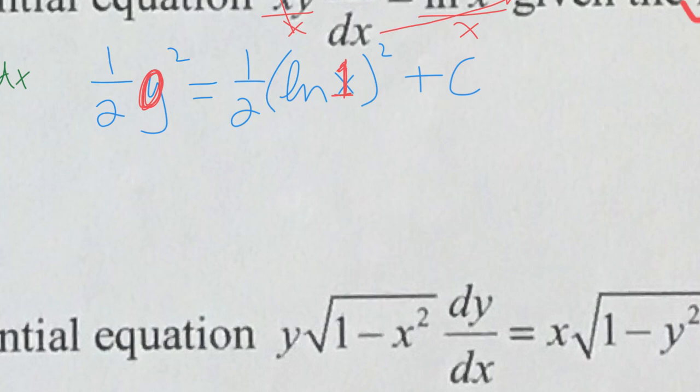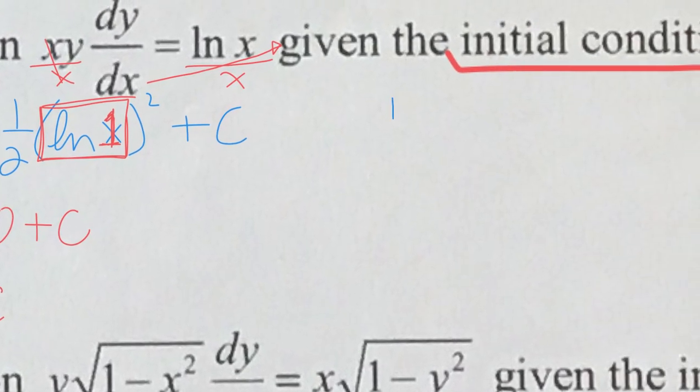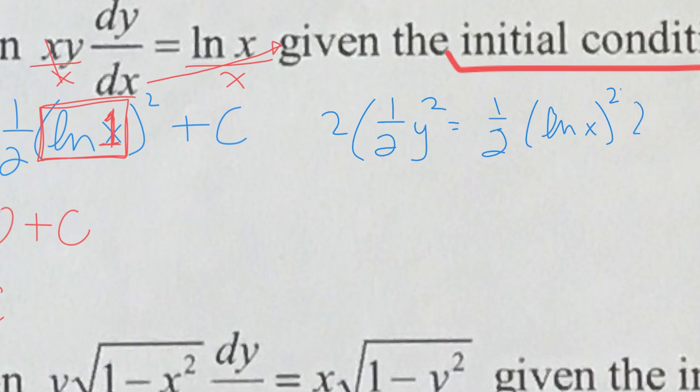Okay, so 1/2 of 0 squared is 0. Natural log of 1 is also 0. So c is nothing. That's pretty easy. So we have 1/2 of y squared equals 1/2 of natural log x squared. Okay, so we'll multiply each side by 2.